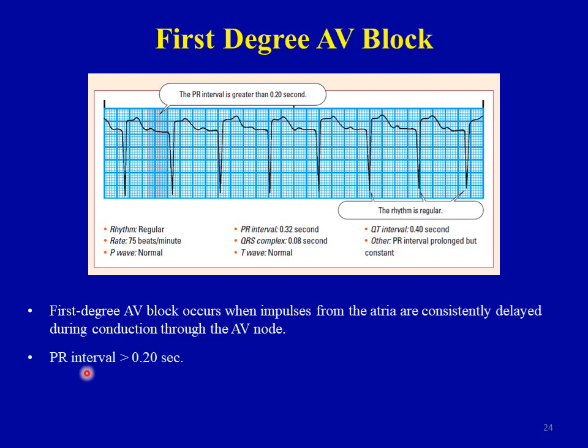The PR interval is longer than 0.2 seconds. As I said, the PR interval is constantly prolonged, so it will be the same prolongation in all the successive cardiac cycles. It will be 0.32 here, 0.32 here again, and so on.